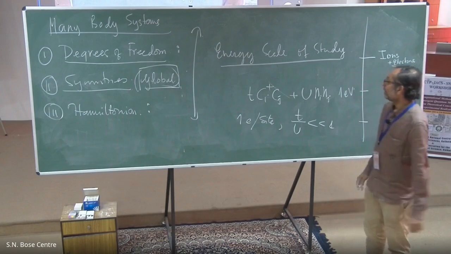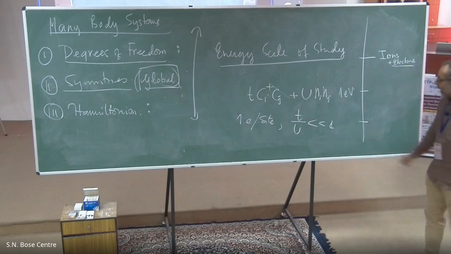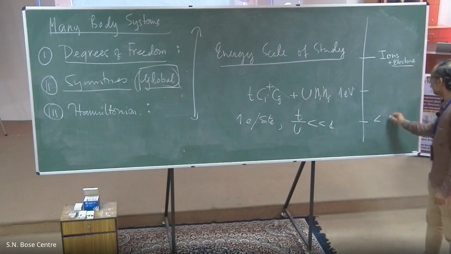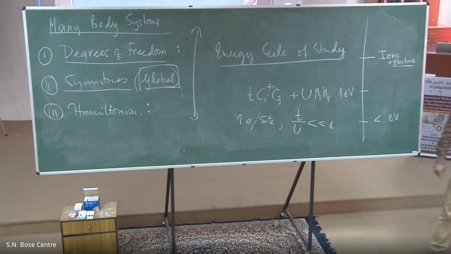Those are basically less than an eV. If one is thinking about d orbital systems, this is typically of the order of hundreds of Kelvin, like 100, 200 Kelvin. And if one is thinking about s electron systems, this is like 1 Kelvin or even less than that.